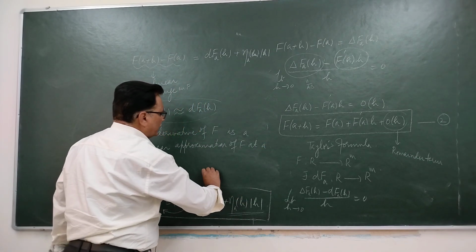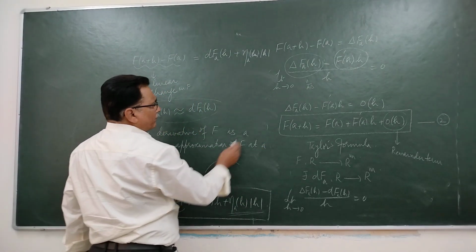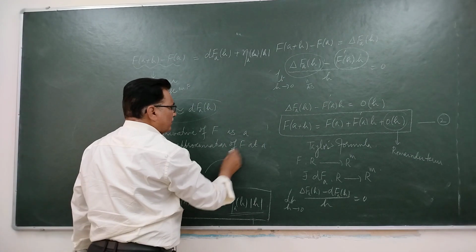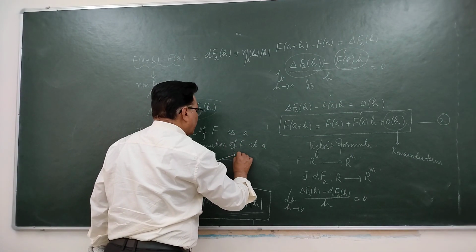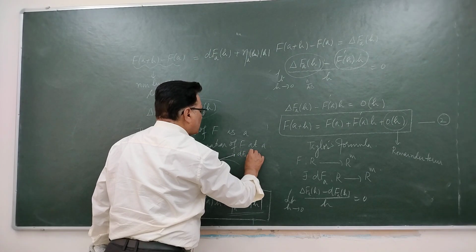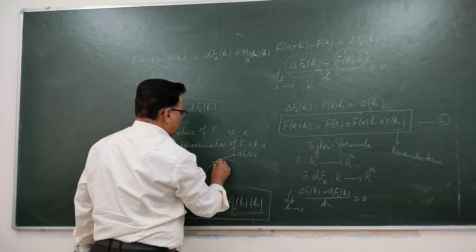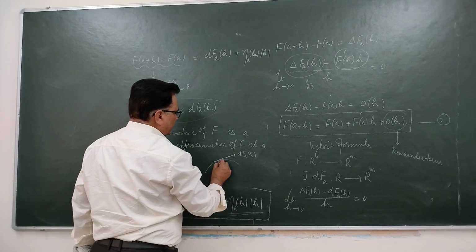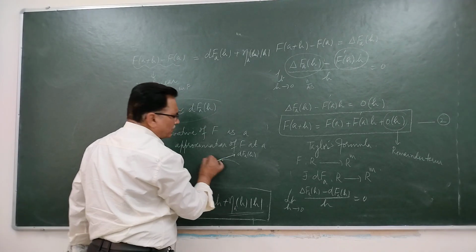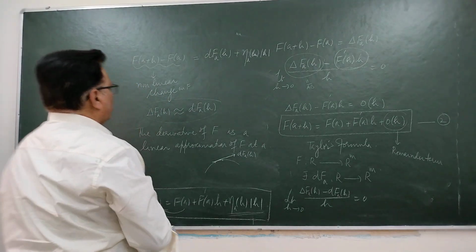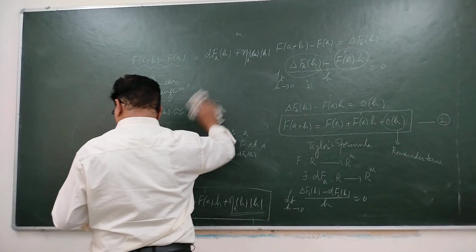And as I have shown, if you think of a curve, in fact the graph of f is always a curve in our case, and this is a tangent line f dash a or d f a h, and this change from here to here is delta f a h. You can see in a small neighborhood these two are same.